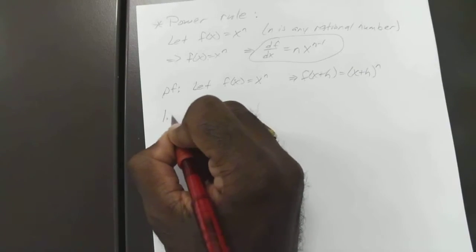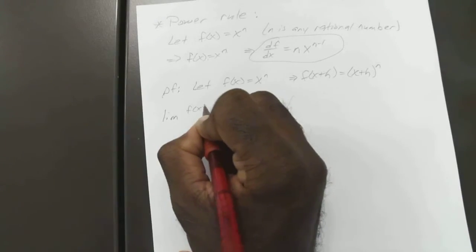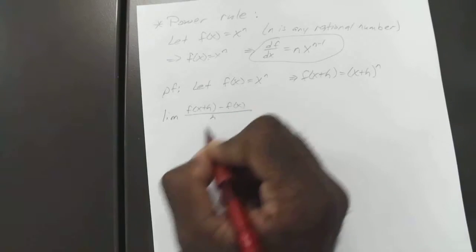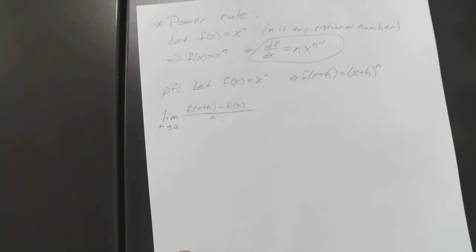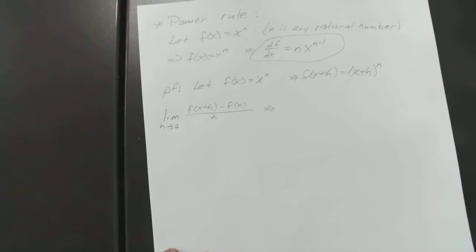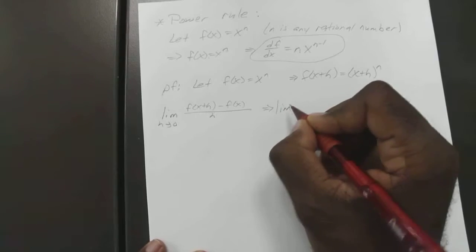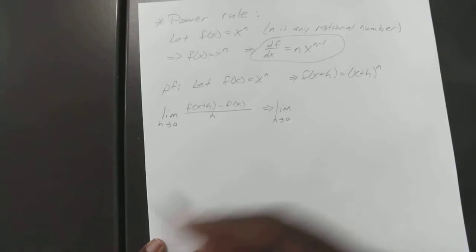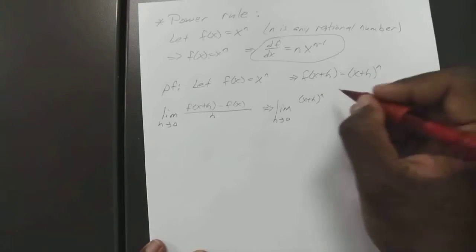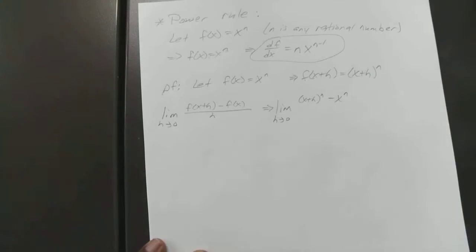So that means we have our limit of f of x plus h minus f of x all over h as h approaches 0. That's our derivative function. So that gives us the limit as h approaches 0 of x plus h to the n minus x to the power of n all over h.